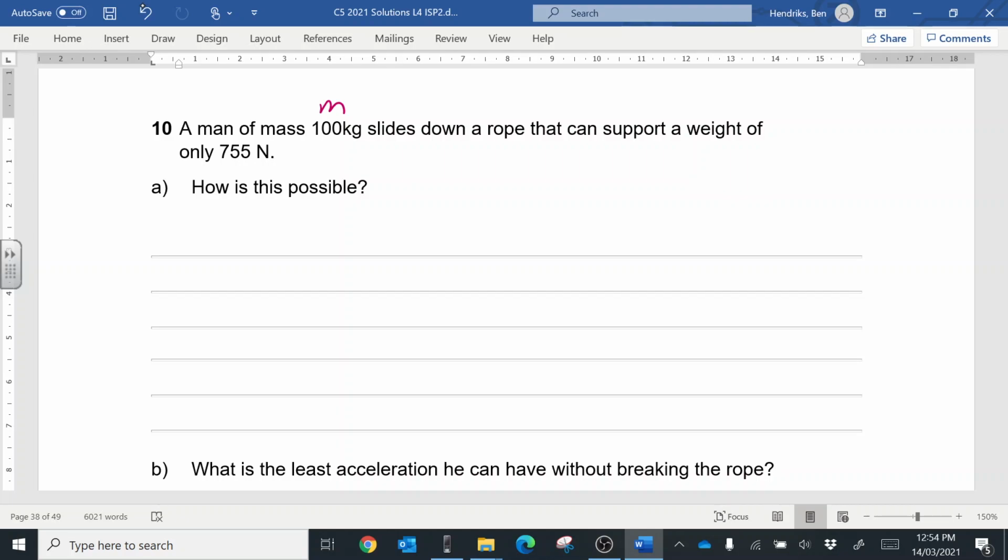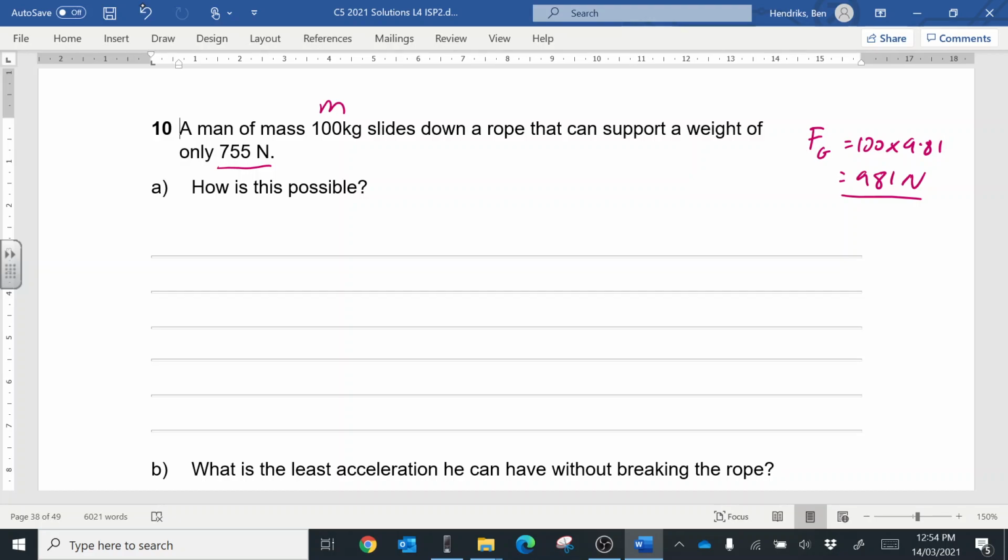The force of gravity on this man is equal to 100 times 9.81, which is equal to 981 newtons. How is it that a man can slide down a rope that can only support 750 newtons when his weight force is larger than this?